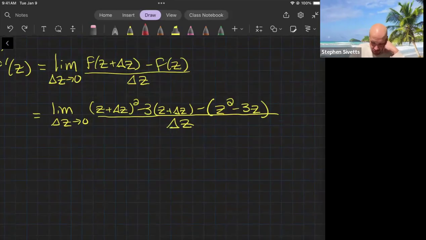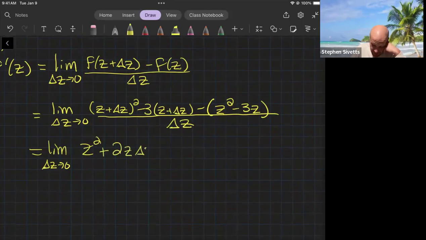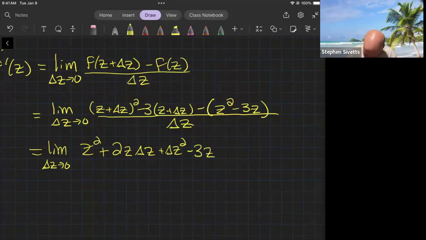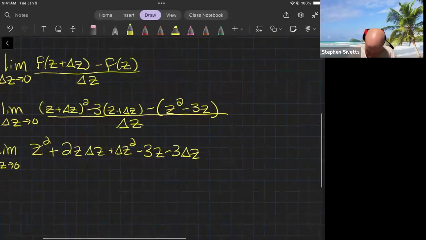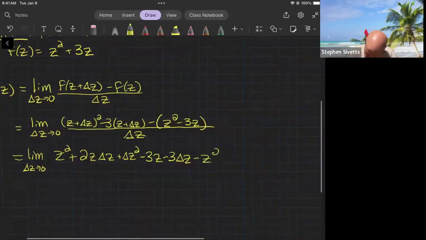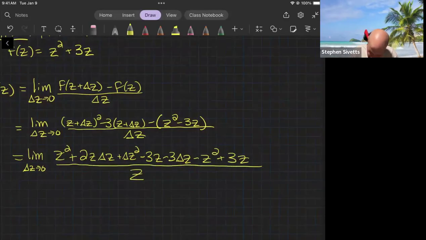The numerator would be z squared plus 2z delta z plus delta z squared, and the second term would be minus 3z minus 3 times delta z, minus z squared plus 3 times z, over delta z, not z squared, sorry about that.